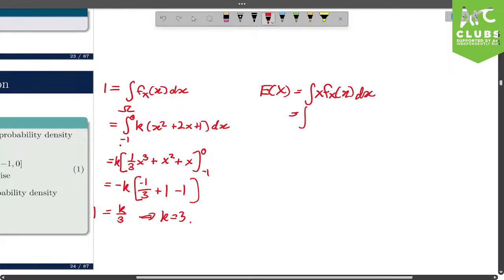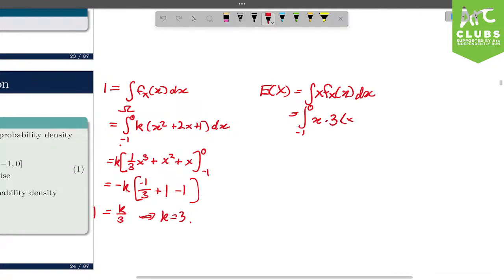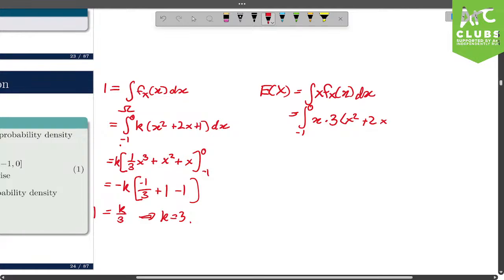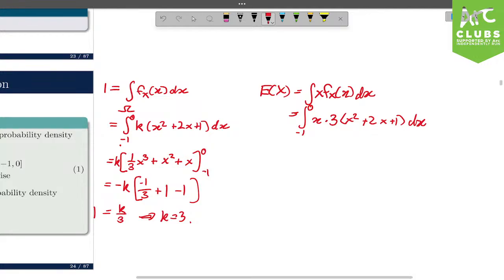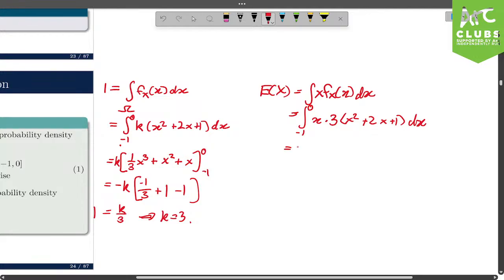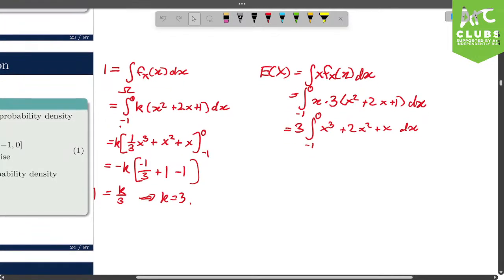That equals the integral from -1 to 0 of x multiplied by 3 times (x squared plus 2x plus 1) dx. I can take the 3 out the front and deal with the integral from -1 to 0 of x cubed plus 2x squared plus x dx.